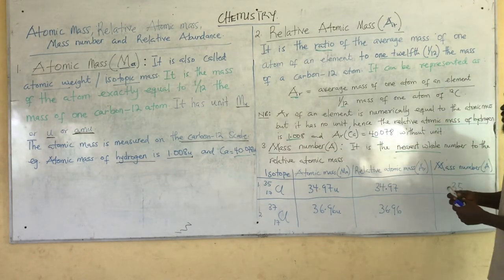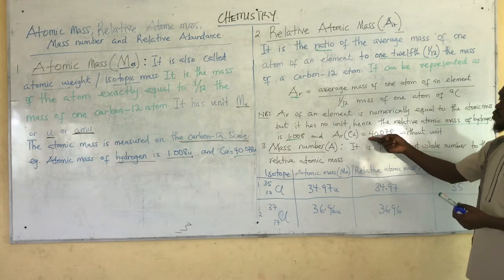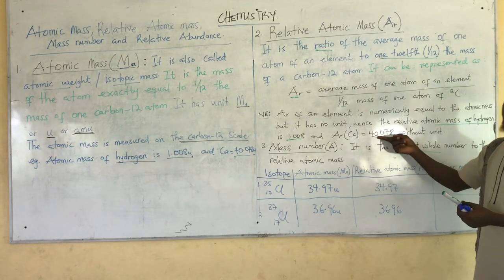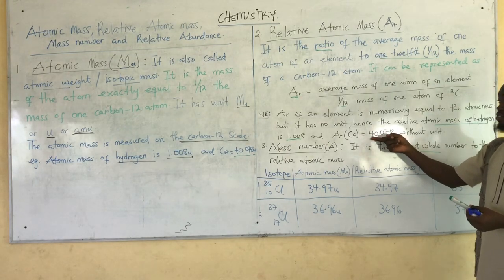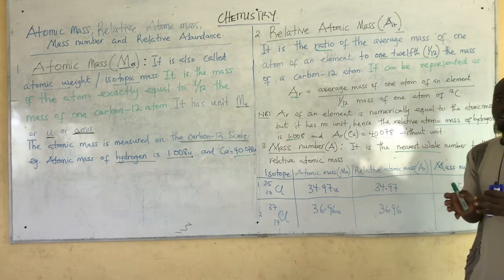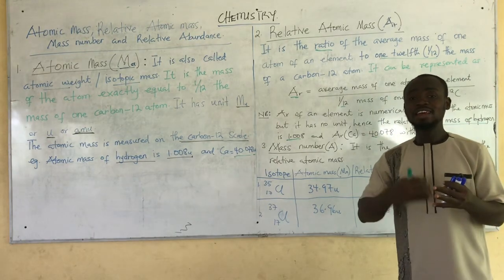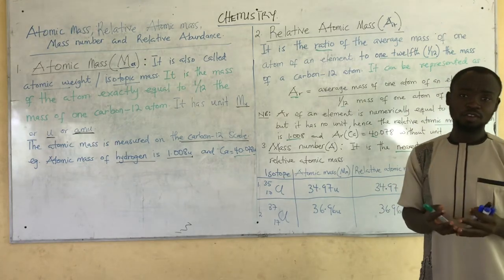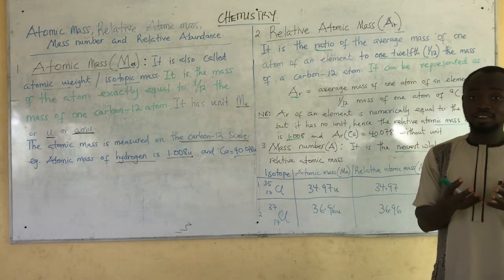And then when we take calcium, the nearest whole number is 40, so the mass number for calcium is 40. Once we know the relative atomic mass, the nearest whole number of the relative atomic mass is the mass number.